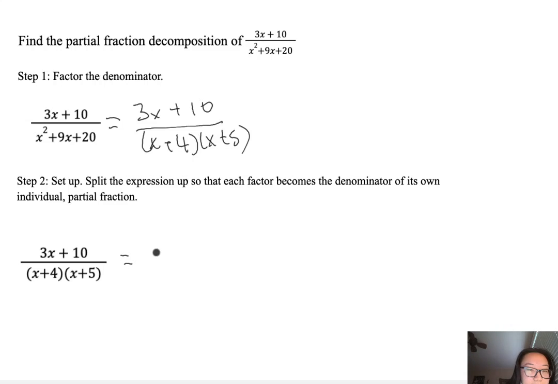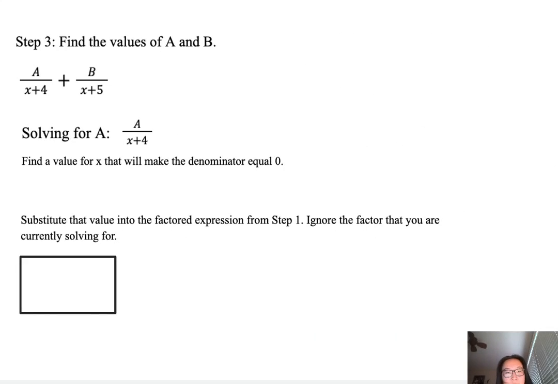So the way we set it up, we have x plus 4 here and x plus 5 here. You'll notice that we don't know the value of the numerators yet, so we assign the values A and B, which we'll later solve for. Solving for A is our third step.